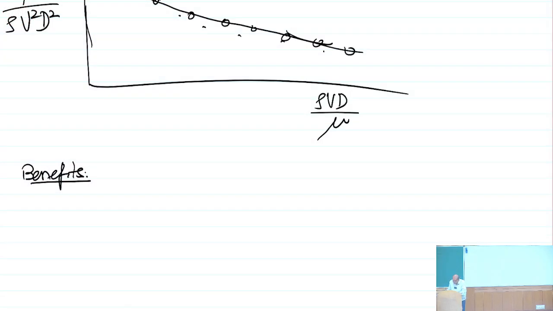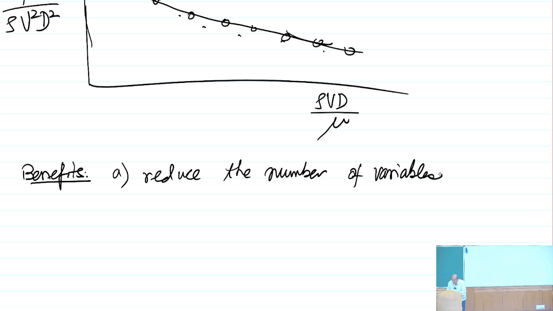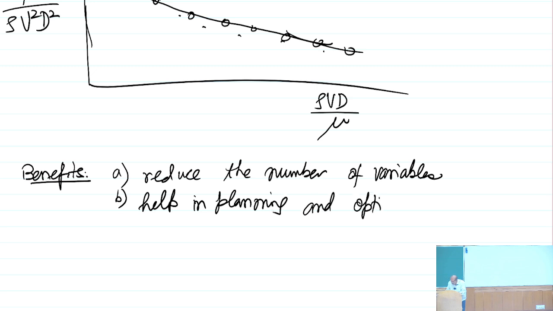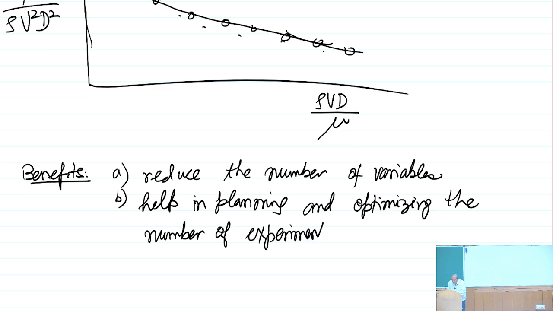So the benefits of these are very obvious, that we reduce the number of variables, then it will help in planning and optimizing the number of experiments.